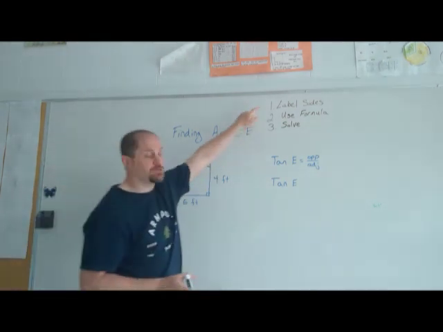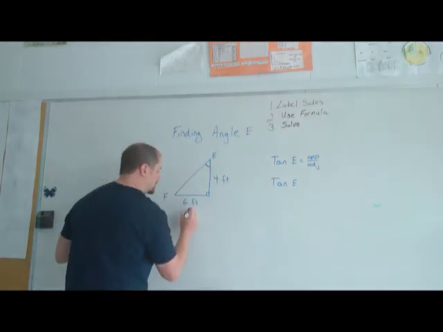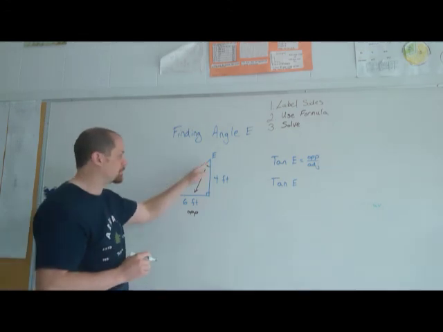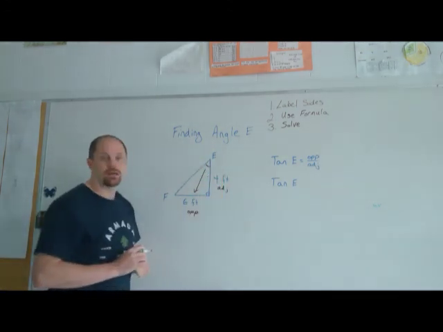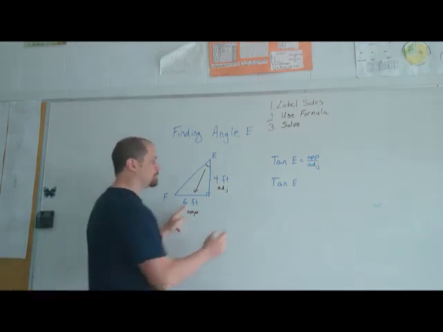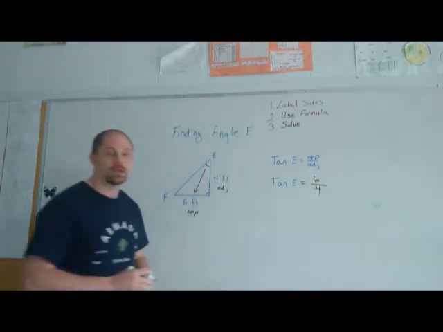Oh, I've gone out of order. Always label your sides before you start getting into something. And the sides are going to be opposite. Opposite is always across from the chosen angle, and adjacent is between the angle and the 90-degree side. So we've got 6 feet for opposite, 4 feet for adjacent, and now I can do my algebra.